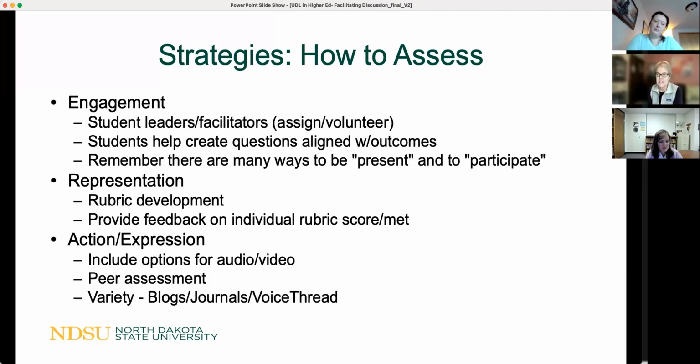And the last section is about action and expression. How do they respond? How are you seeing they're doing well in these discussions? How are they expressing it? Are you allowing them options for audio, video? Maybe some of our students really have a hard time with writing and they need a little bit of a change up and feel more comfortable expressing what they're learning with audio or video.